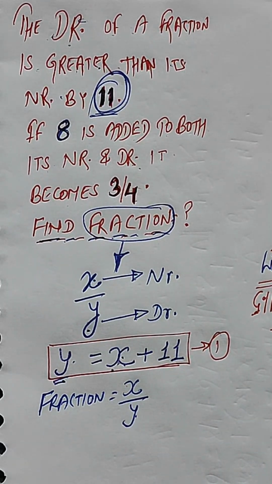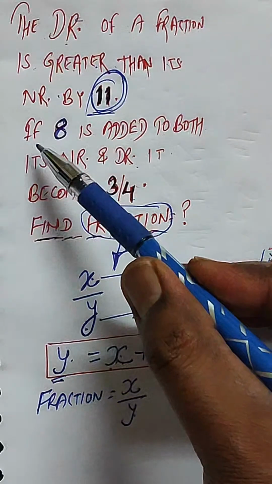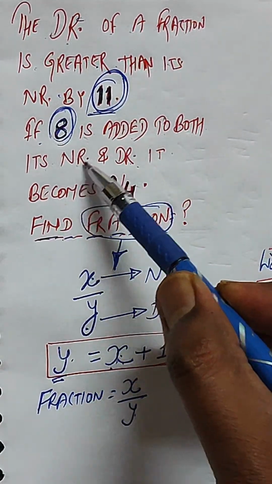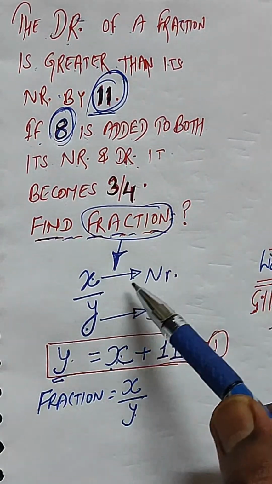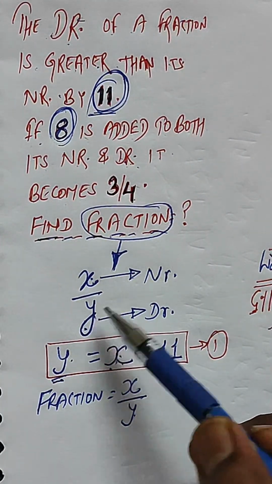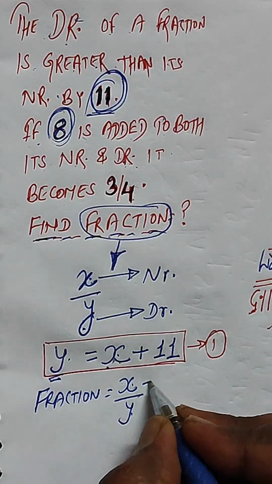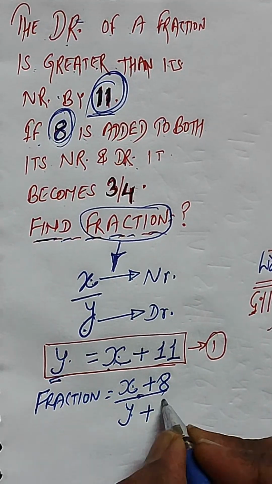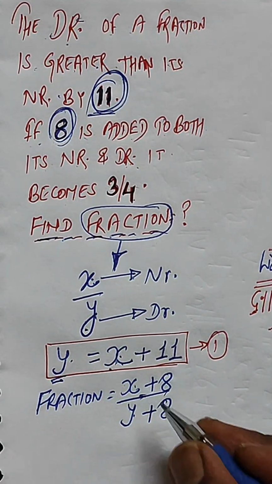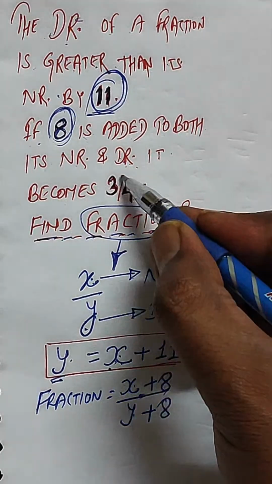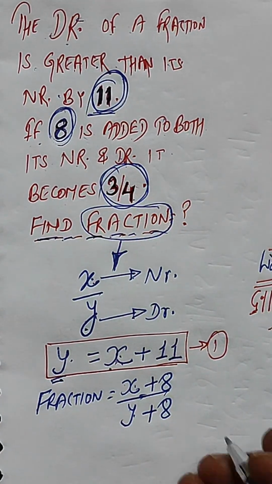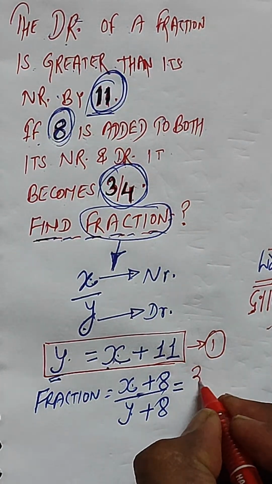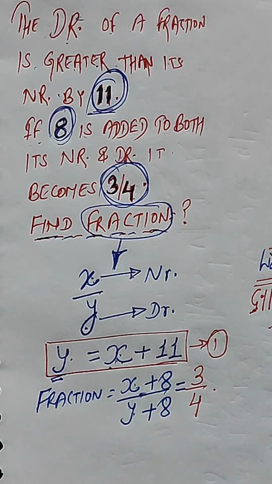In the second part it mentioned that if 8 is added to both its numerator and denominator, numerator was x, denominator was y. So if 8 is added into the numerator and the same 8 into the denominator, the fraction becomes 3 by 4, right?